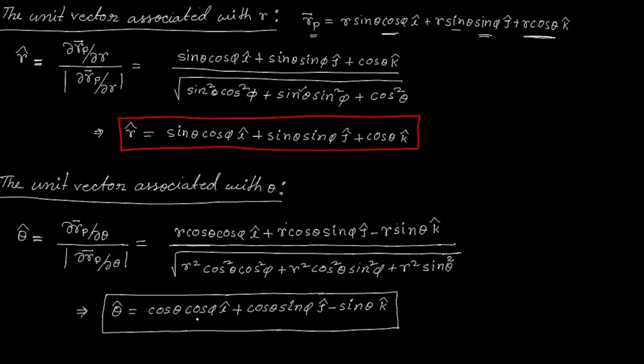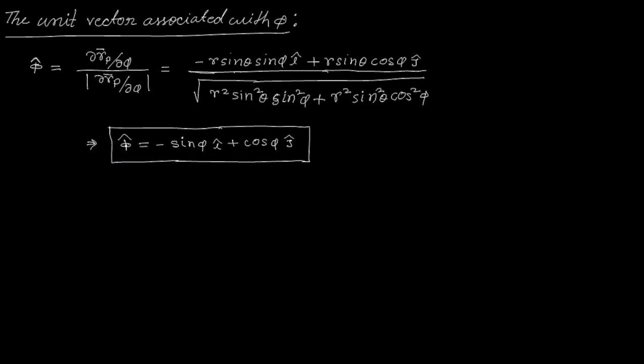Similarly, theta cap also has 3 components, so it will also lie in space. But if you look at phi cap, it has only i component and j component. It doesn't have any z component. That's why this phi cap will always lie in the xy plane.